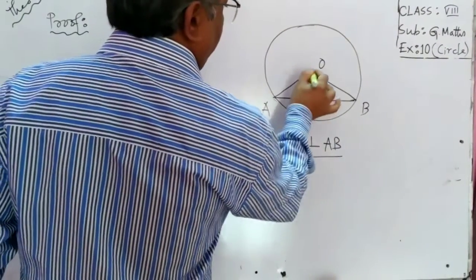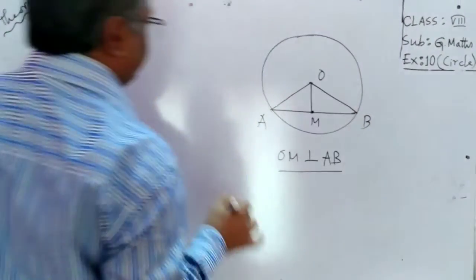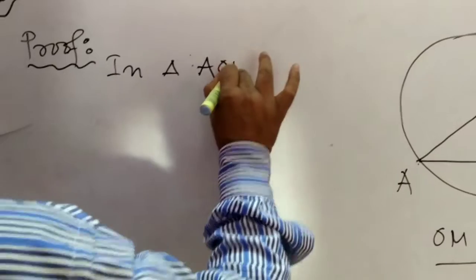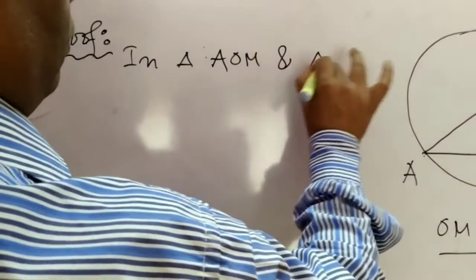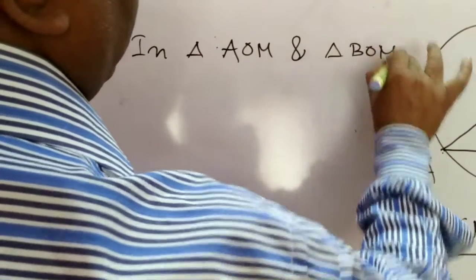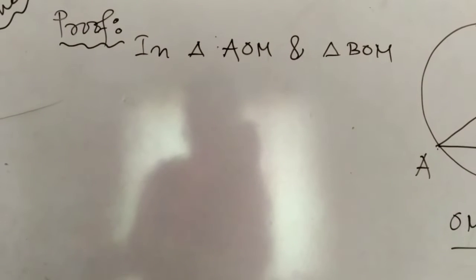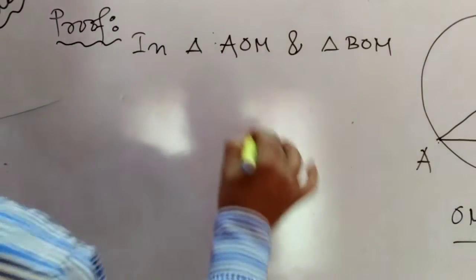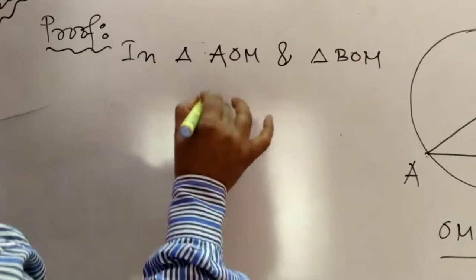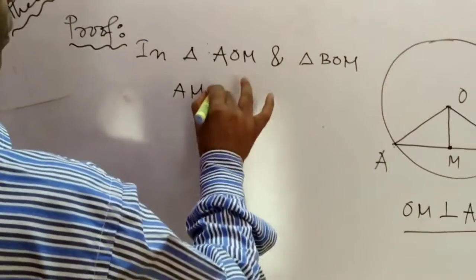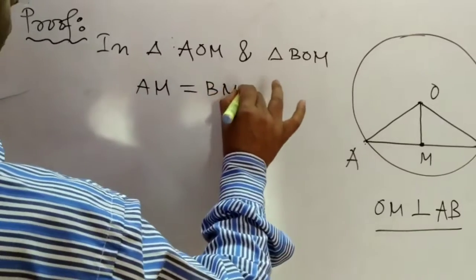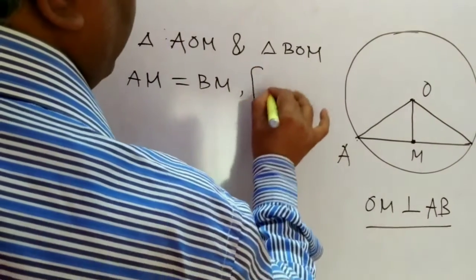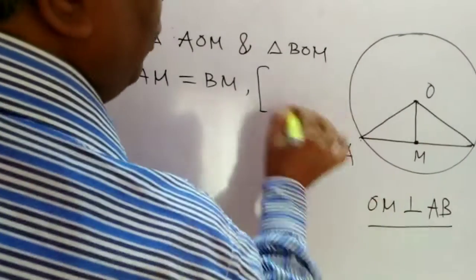Here in triangles AOM and BOM, AM equals BM. This is given because M is the midpoint of AB.